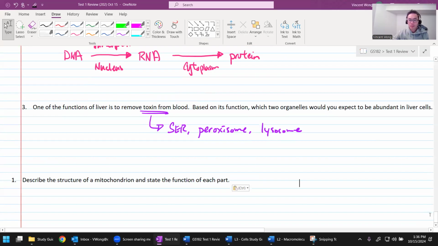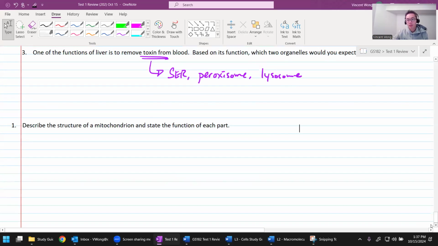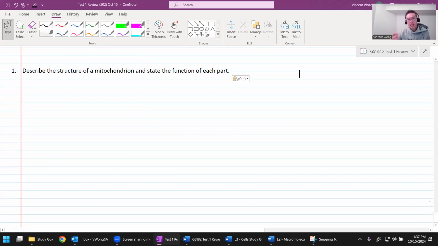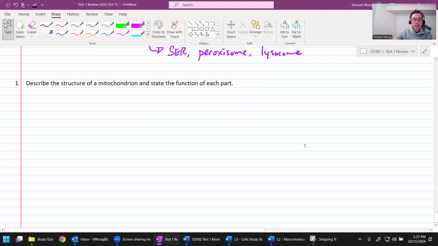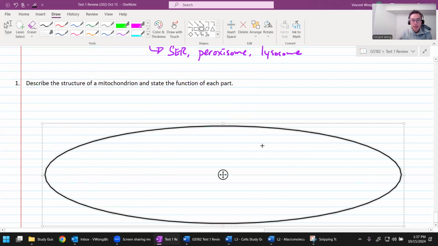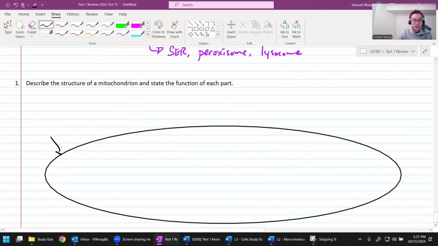Next question. Describe the structure of the mitochondria and state the function of each part. Since we learned that from lecture 3, we've actually learned a lot more details about the mitochondria, especially in lecture 5. So let's review both at the same time. Here is our mitochondria. That's the outer membrane.